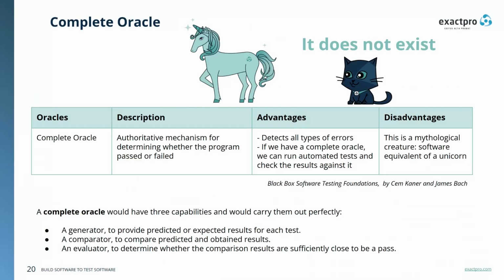There is no such thing as a complete oracle, and it would be an illiterate position to expect that it is possible to have an authoritative mechanism that will say that this program has passed or failed.